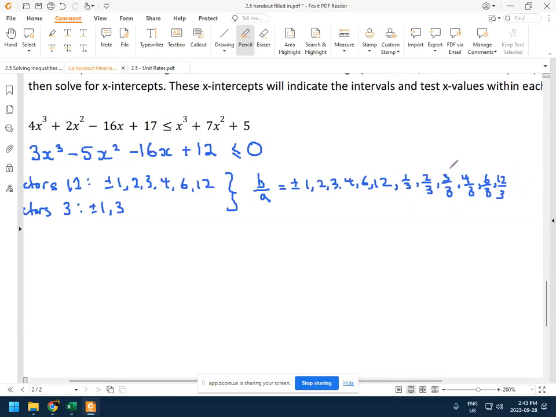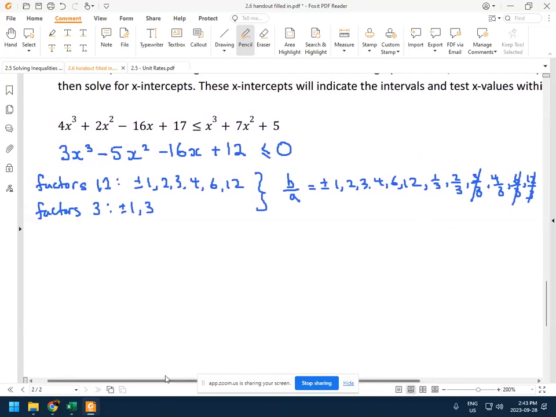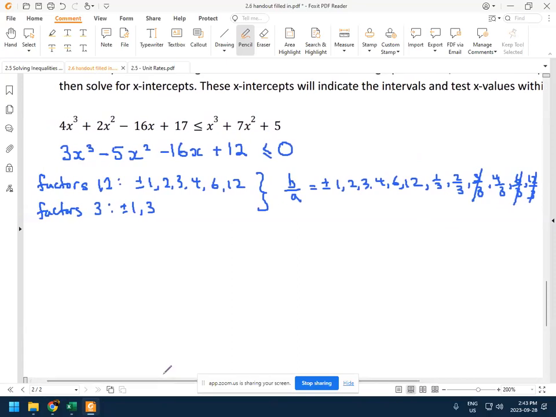Not all of it, of course, because 3 over 3 is 1. We've done that. 6 over 3 is 2, and 12 over 3 is 4. So we have 3 new fractions. Crossing my fingers, let's really hope I don't have to get into the fractions.